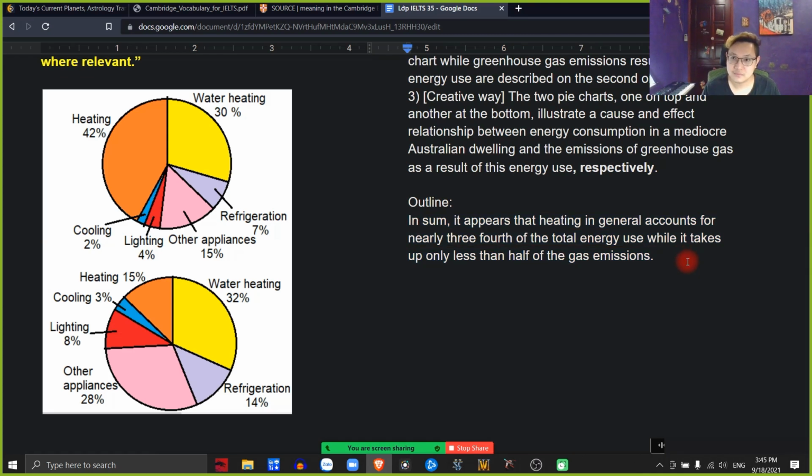Okay. That's the outline. Các bạn để ý tại sao mình lại dùng it appears that mà không đi thẳng vào luôn heating in general accounts for something. Why did I use it appears that? And it seems that. Because I want to make the essay sound softer and more objective, because it's not a fact, it's just something that I can see from the graph.